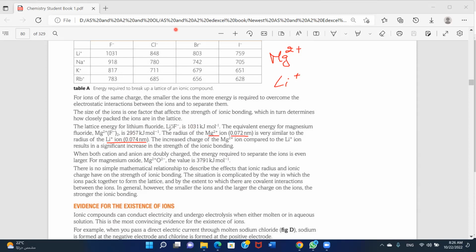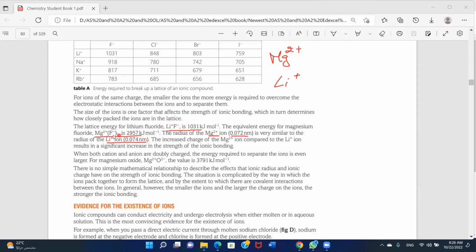This is the energy needed to break the lithium fluoride bond, 1031 kilojoules per mole, whereas the energy needed to break the magnesium fluoride will be 2957 kilojoules per mole, which means that this is about 3 times that, although the size of the ions are nearly the same.